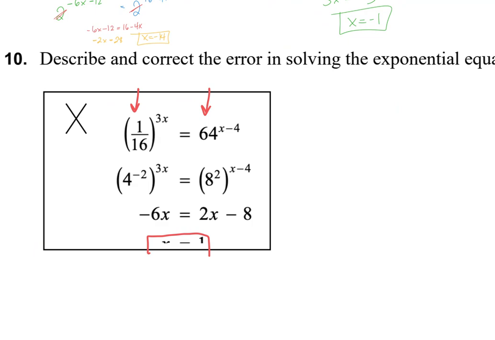And in fact, they start off how I thought. 1/16 is 4 to the negative 2 power. It gets flipped and squared. And then over here, 64 is 8 squared. That's true. But we do not have the same bases, so we cannot go to this right here. So the first answer is, what's the error?